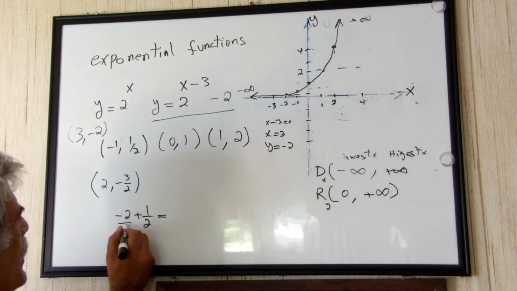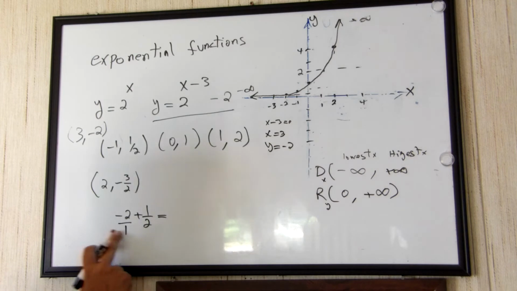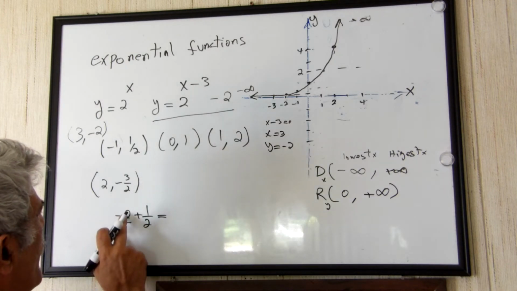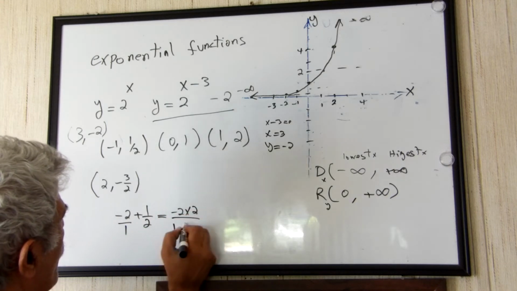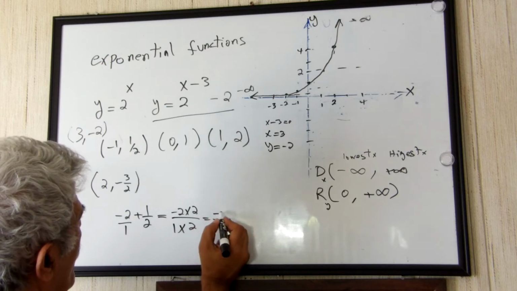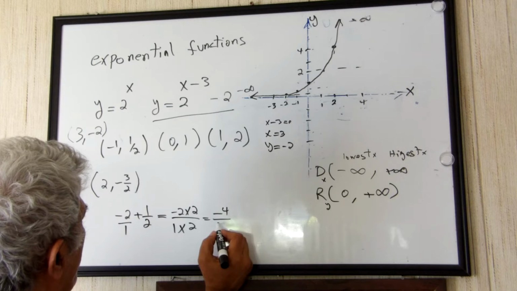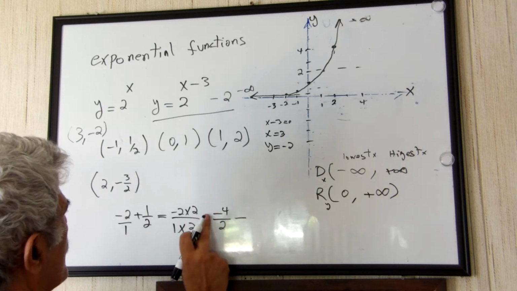You try to add this fraction together. The top and bottom are multiplied by 2: minus 2 times 2 is minus 4, and 1 times 2 is 2.